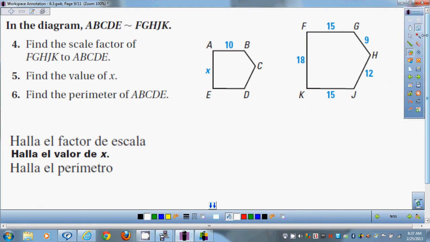You're going to do it the exact same way. Again, they're telling you it's similar, so you don't have to show anything. If they don't tell you it's similar, you'll have to first show that it's similar. So, find the scale factor, solve for x, and find the perimeter of A, B, C, D, E.